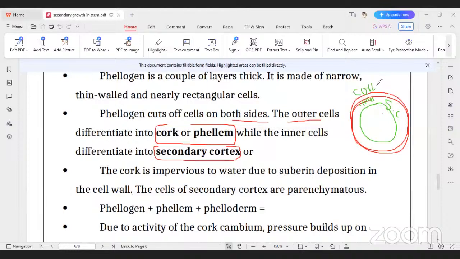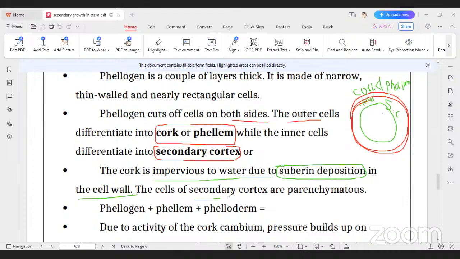Outside is called cork or phellem. Actually, these outside cells are completely dead cells. The cork is impervious to water due to suberin deposition in the cell wall.